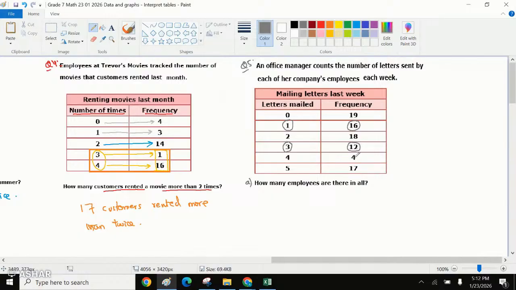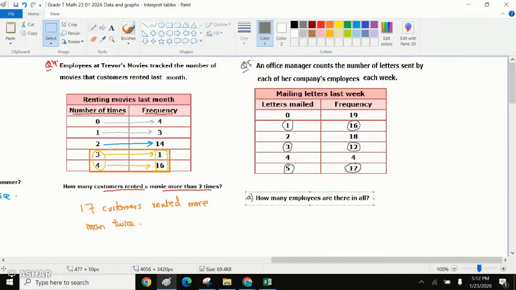There were 4 employees who mailed 4, and 17 employees who mailed 5, right? So the question is, how many employees are there in total? When I was reading this, I said there were 19 employees who mailed 0. So we are trying to look at the frequency.